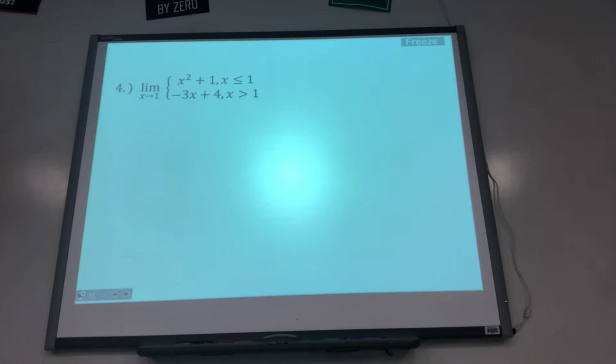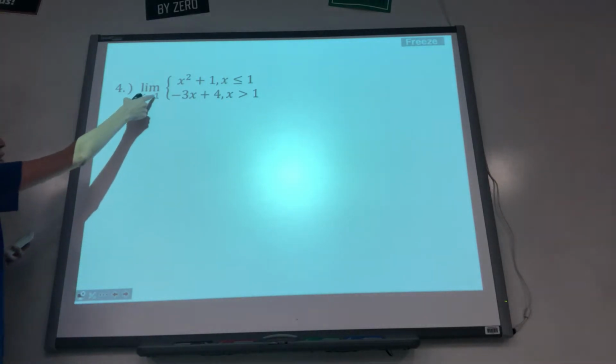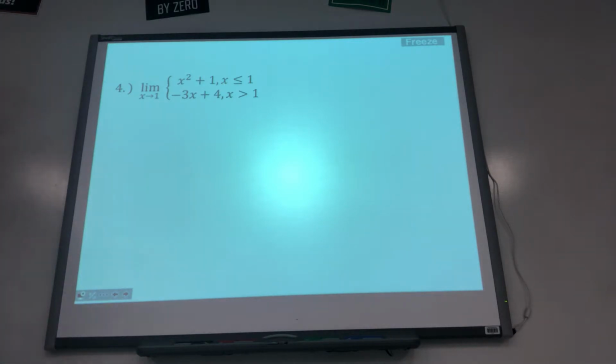All right. Now, for the last problem, I was coming in from the right. So I just plugged it into the second behavior. On this problem, there's no plus or minus, so I have to come in from both sides.